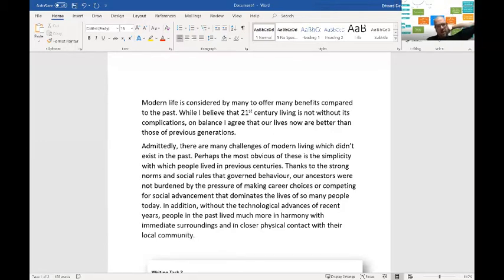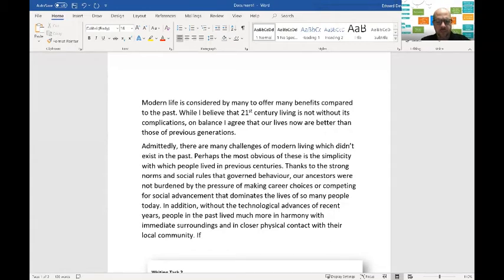I'm going to conclude this paragraph with a conditional sentence which refers back to the question of comparing life in the past with life in the present.